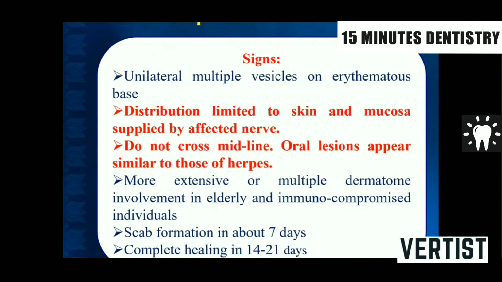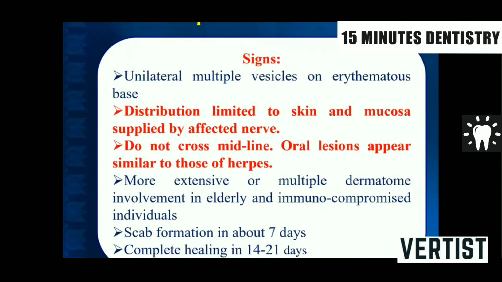The distribution is limited to skin and mucosa supplied by the affected nerve, and they characteristically do not cross the midline. Alright? So oral lesions are similar to herpes, but they will not cross the midline. These two characteristic clinical features will help you differentiate it from other acute lesions. And it heals in another 14 to 21 days, but it heals with scab formation.